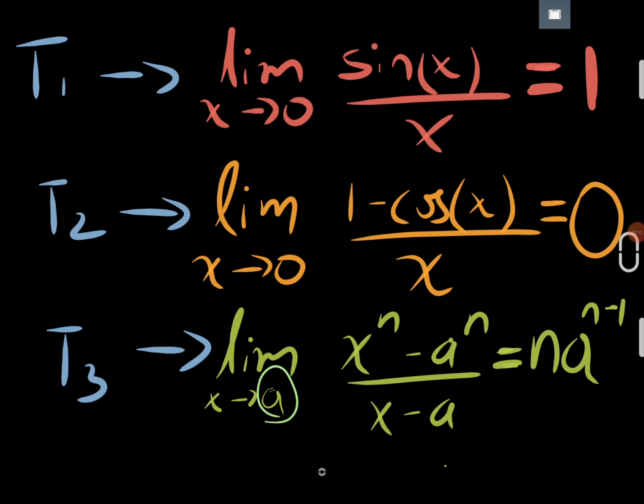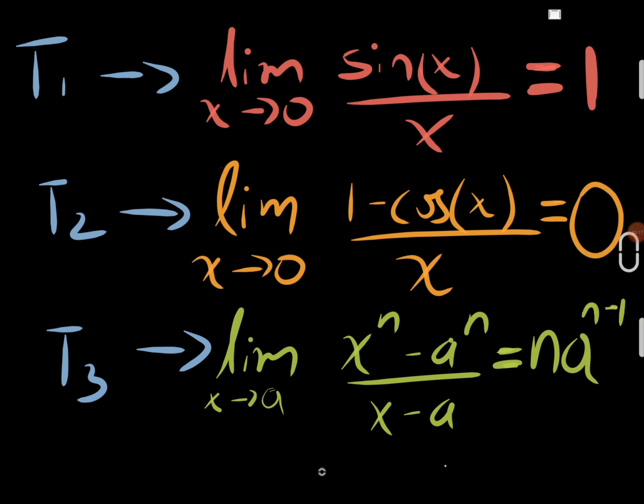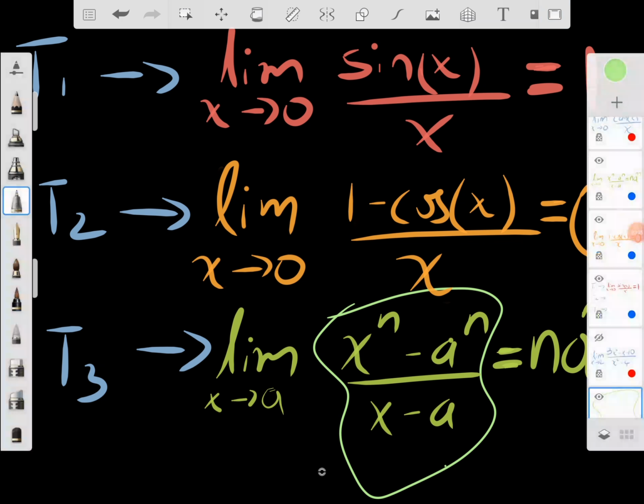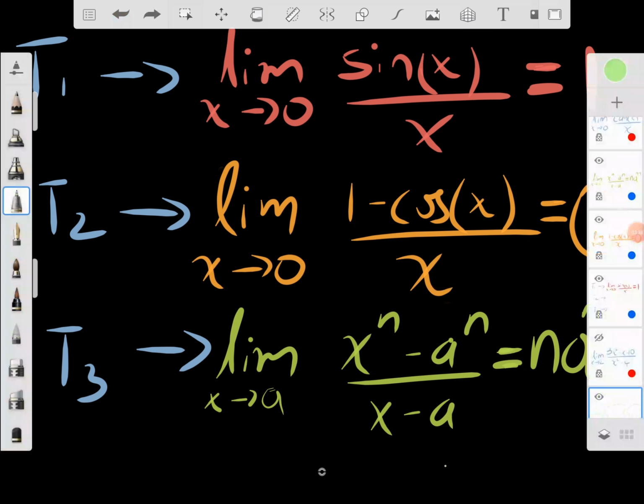I'm writing in a general format. When x approaches more and more closer to a, this fraction approaches n into a to the power n minus 1. So when x becomes more and more like a, this fraction becomes more and more like n times a to the power n minus 1. That is what this says.